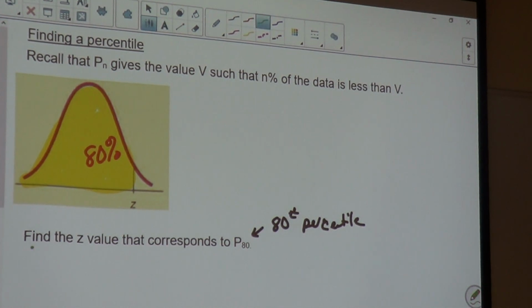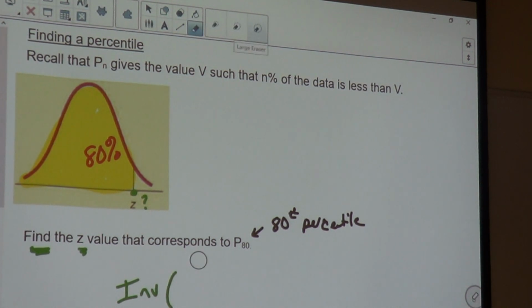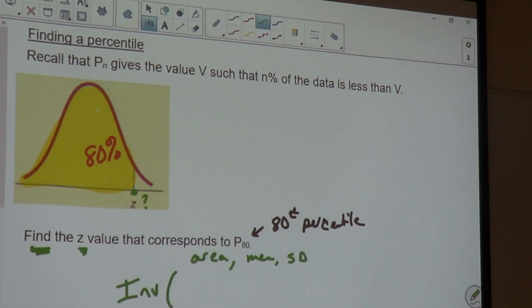Look at what it says right here: find Z. So you would change that percentage to a decimal. Are we doing inverse or norm? We're doing inverse. So it's area, comma, mean, comma, standard deviation.